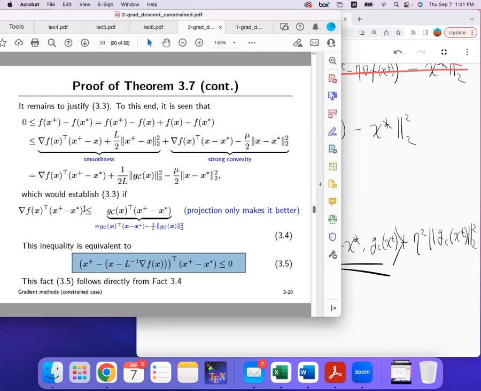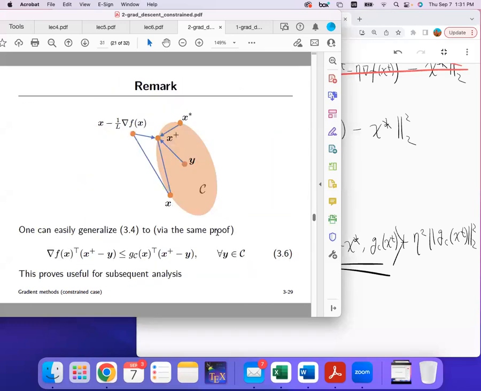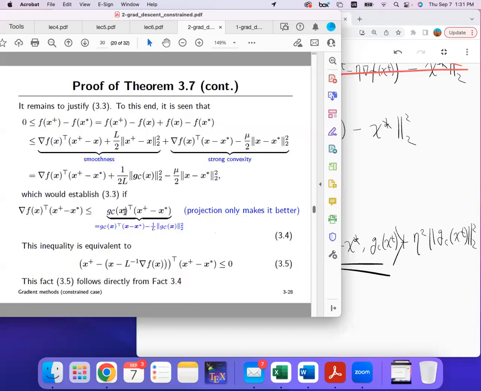We just move this term to the left-hand side and use all the definitions. And so everything left is to show this 3.4.